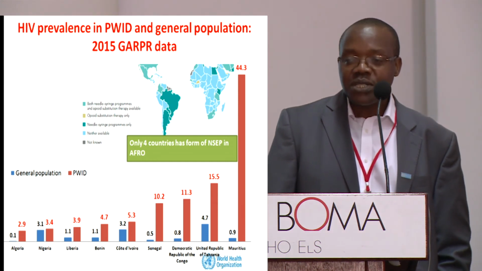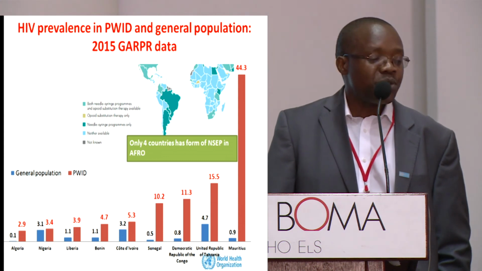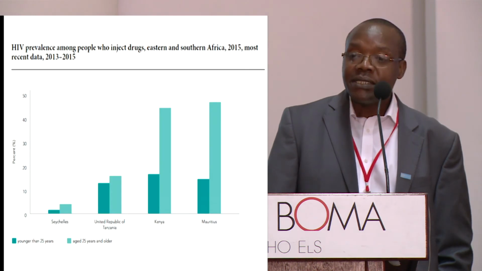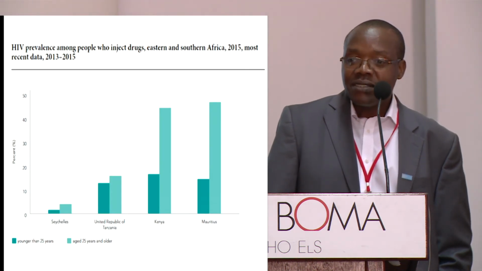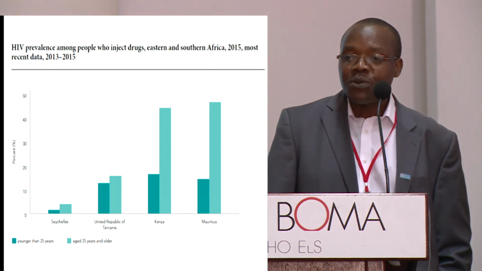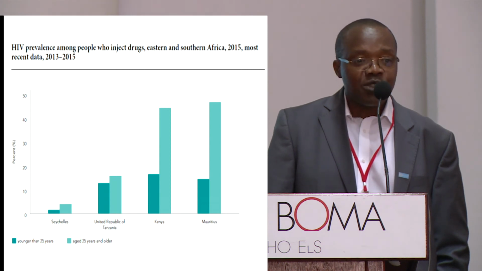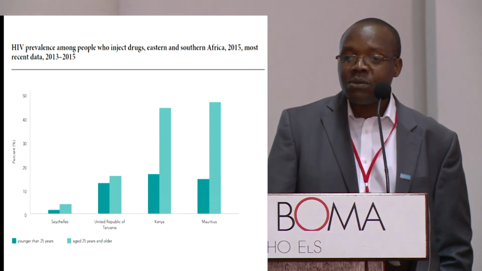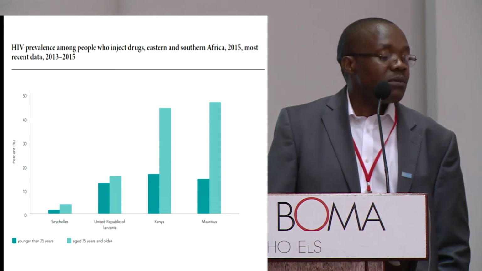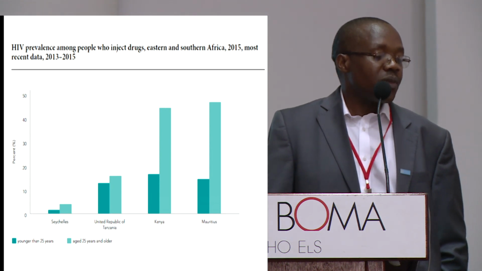The rest of the countries have really nothing. Even data is really an issue when it comes to injecting drug users. And young drug users have higher prevalence than the older ones. That is also a cause for us to disaggregate our data, but also to have focused interventions when it comes to responding to HIV in this group.